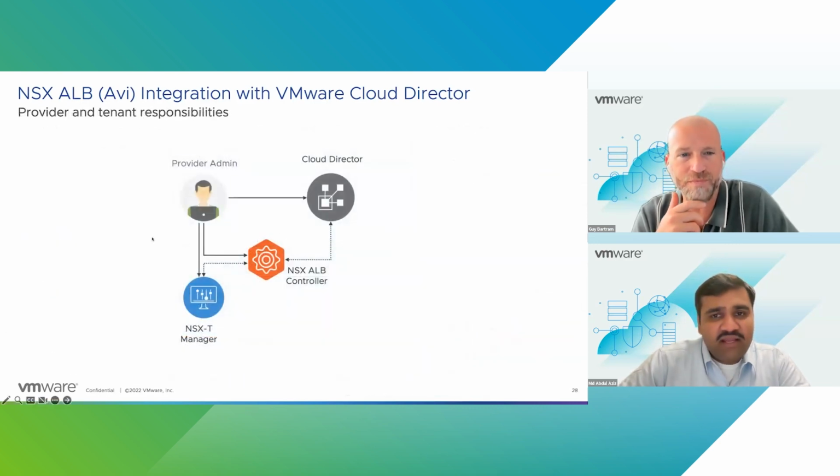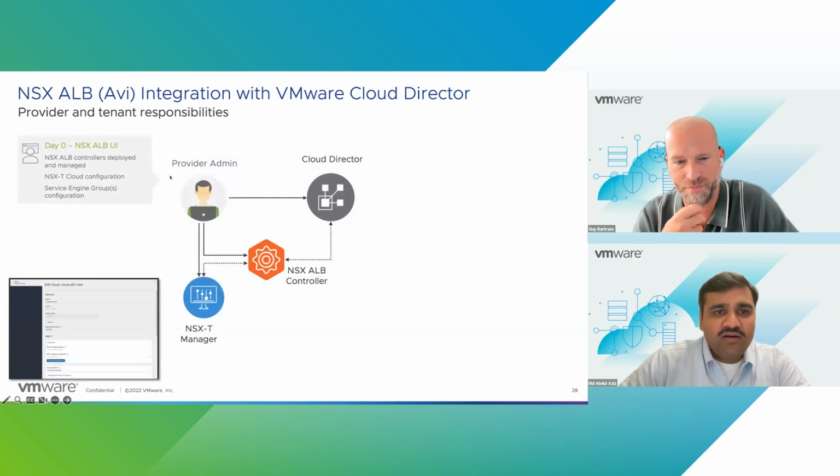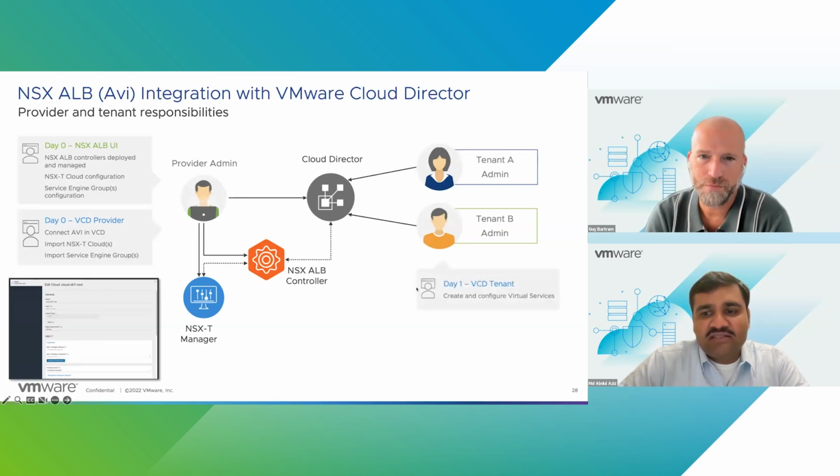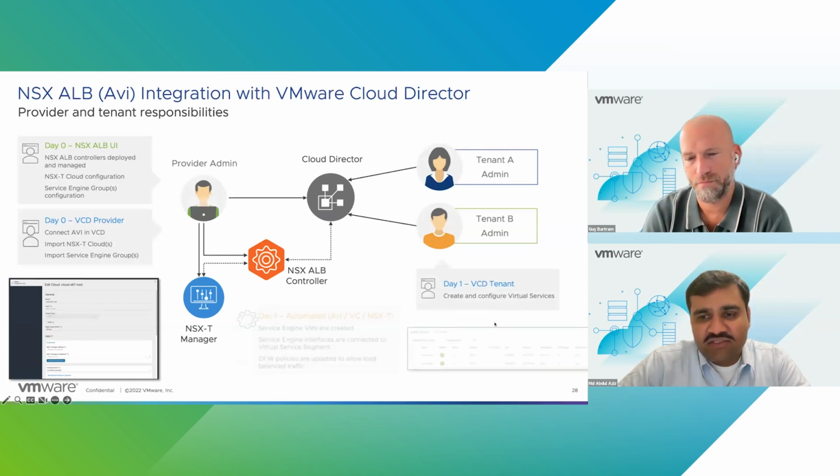So to summarize, the provider on day 0 deploys the ALB controller and configures the cloud configuration, which gets imported onto the VCD portal, right? And once this is set up by the provider, now the tenants can log in to Cloud Director into the respective tenant views, and they can start utilizing the load balancing capacity by creating virtual services.